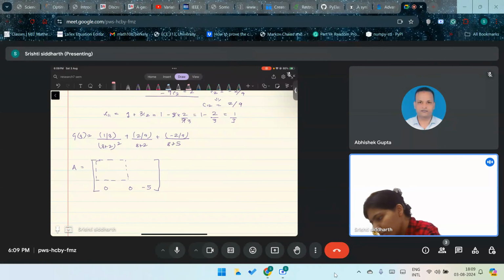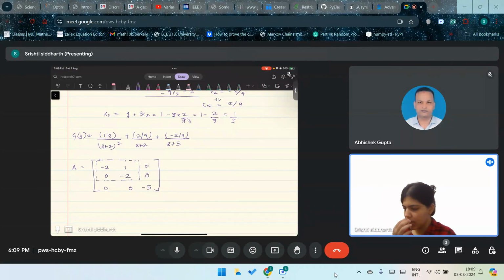So this is going to be minus 2, 1, and then 0, minus 2. Because there are two repeated eigenvalues at minus 2.